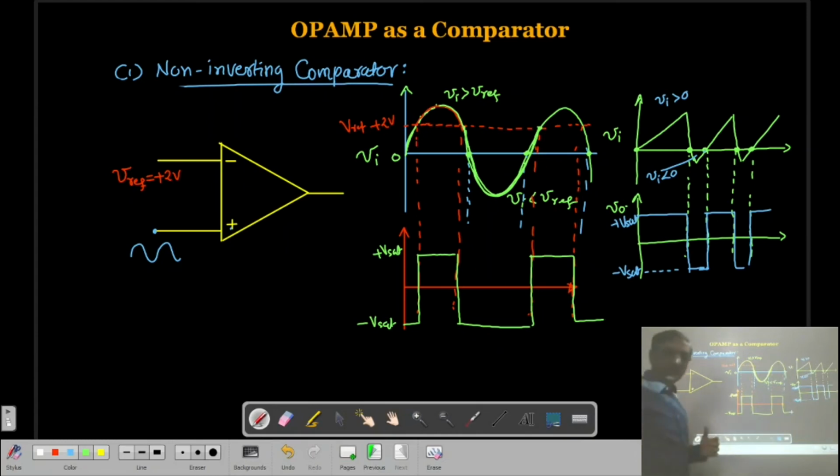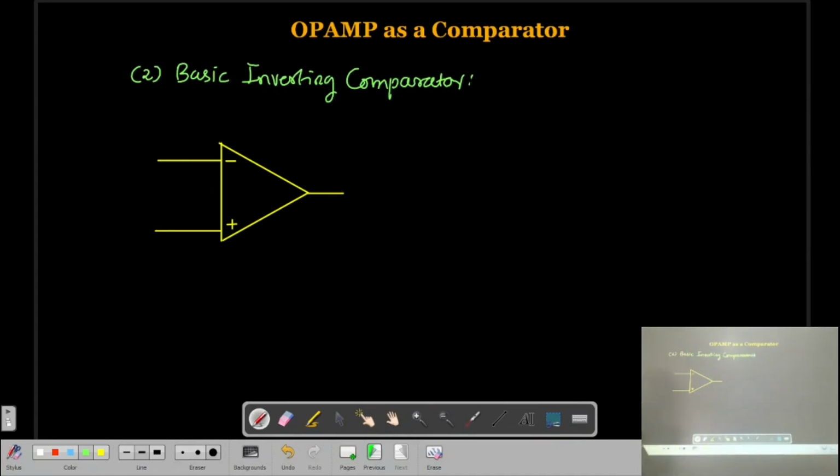The same way, we have a basic inverting comparator. In an inverting comparator, we apply the input voltage to the inverting terminal, and the reference voltage is applied to the non-inverting terminal, and if it is a basic one, then we connect this non-inverting terminal to zero, meaning ground. So here we have a basic inverting comparator.